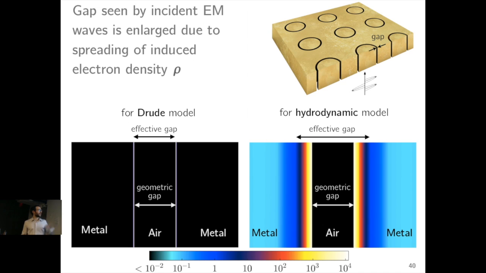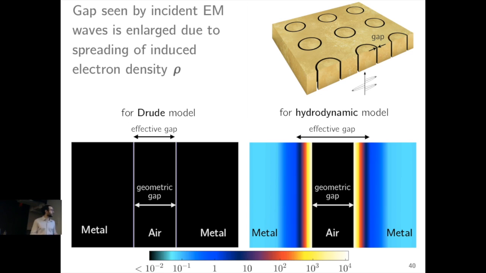To further illustrate this aspect about the induced electron density, let me show you some results regarding, again, this annular structure, but now without the substrate and without any filling of the gaps. We removed all this just to focus on the effects of the metal and not have any contamination from other sources. And now we show the induced electron density for both the Drude model and the hydrodynamic model.